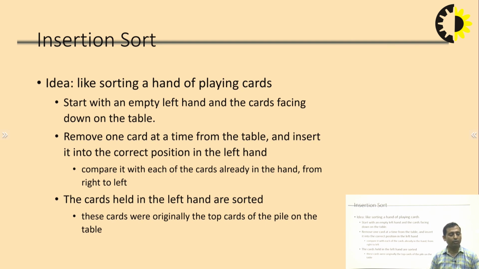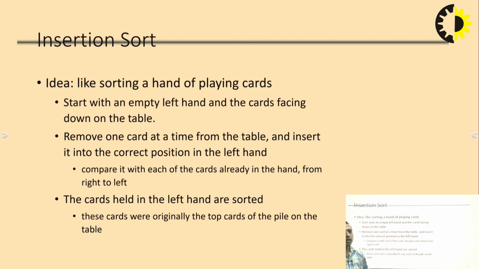If we are playing cards, first we arrange these cards in our hand. So how to arrange these cards? Start with the empty left hand, no card in it, and the cards facing down on the table.